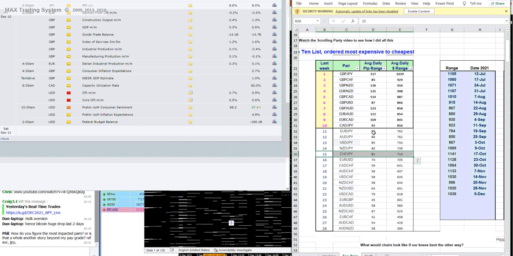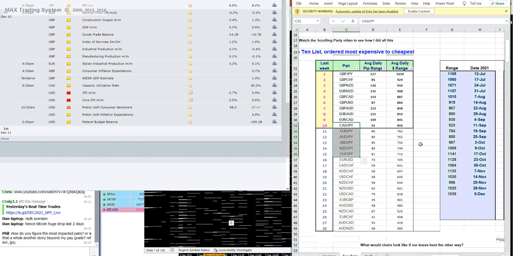Phil's asking, how do you figure the most impacted pairs? Or is that a whole other story beyond my pay grade? No, I'm simply observing that the yen, which is one of the safe havens, as you say, is among the most volatile pairs.